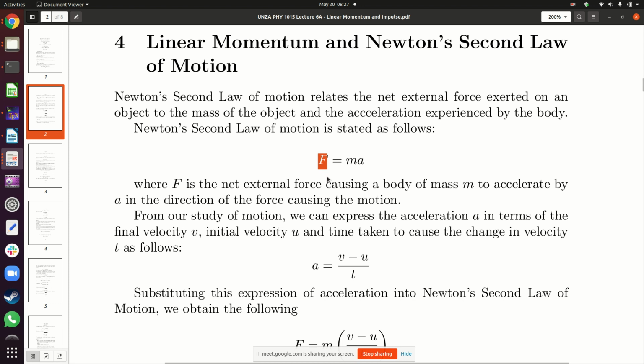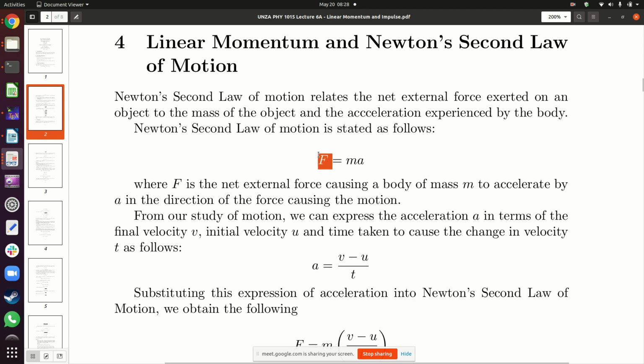It says that if the resultant force acting on an object of mass m is not equal to 0, then there is going to be an acceleration. The acceleration produced is going to be in the same direction as the force, but it is also going to be inversely proportional to the mass, and that's how we end up with this equation: F is equal to ma.